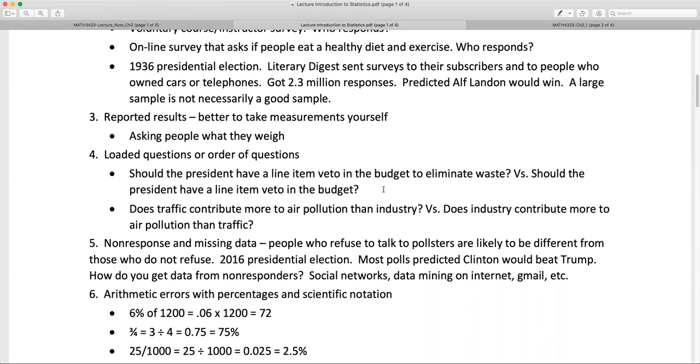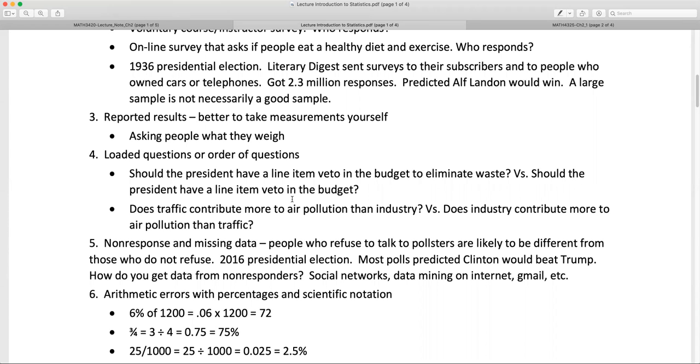Survey questions can be loaded, or intentionally worded to elicit a desired response. So this is one example. The actual rate of yes responses for these two different wordings: in the first question, 97% say yes, and for the second question, just 57% say yes. So when you survey this question, you have to separate the two questions completely.